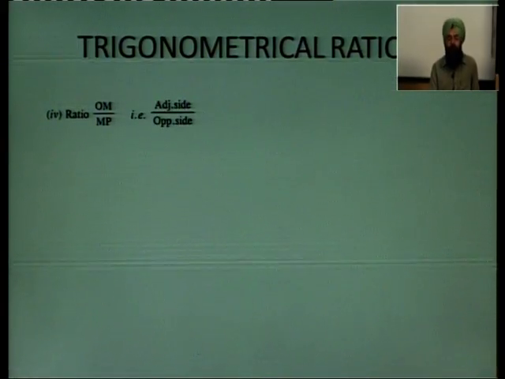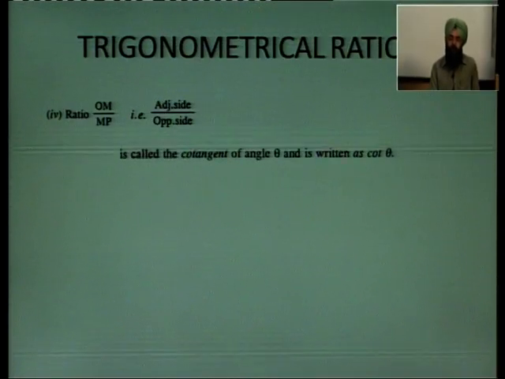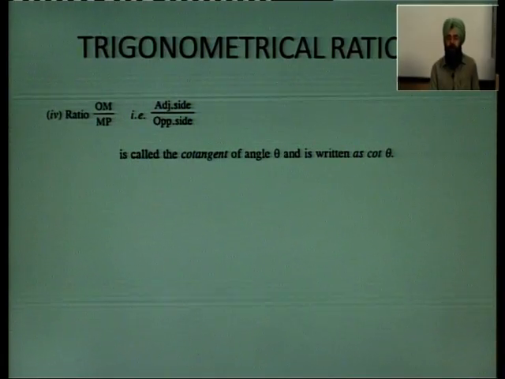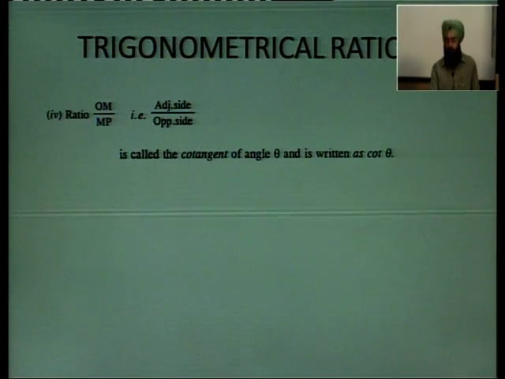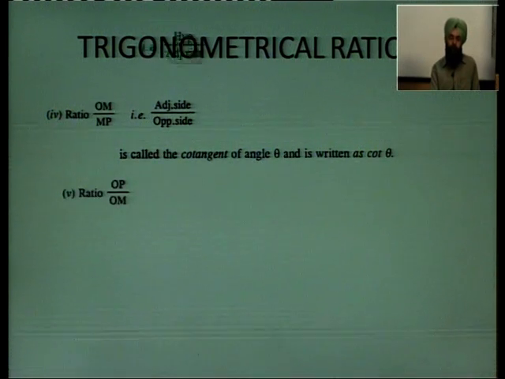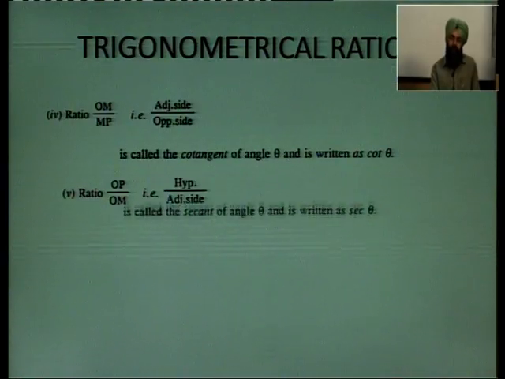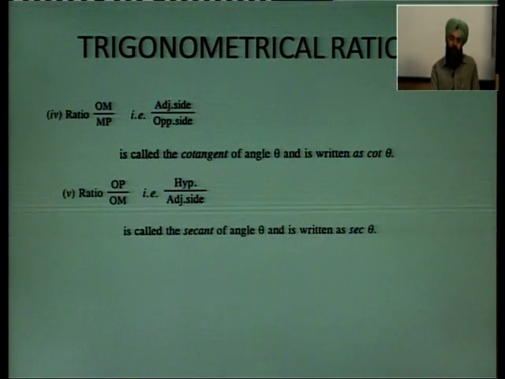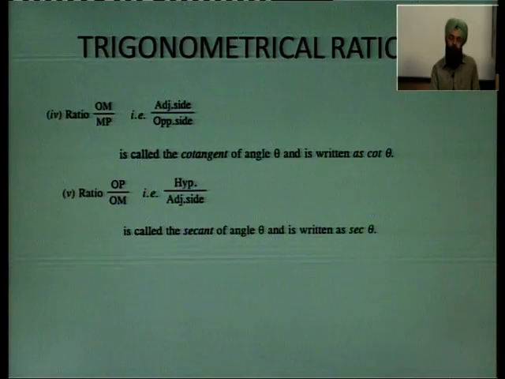Then we have the ratio OM by MP, that is, adjacent side by opposite side. This is called the cotangent of angle theta and it is written as cot theta. So, basically cot theta is the reverse of tan theta. Then we have the ratio OP by OM, that is, hypotenuse by adjacent side, and this is the secant of angle theta, written as secant theta.